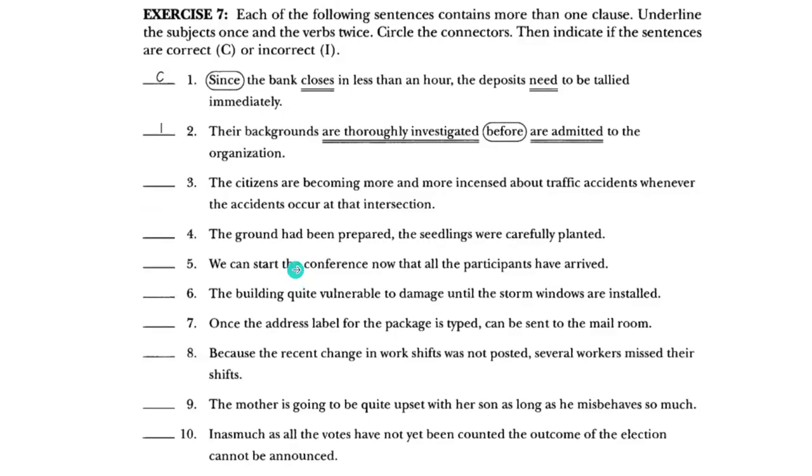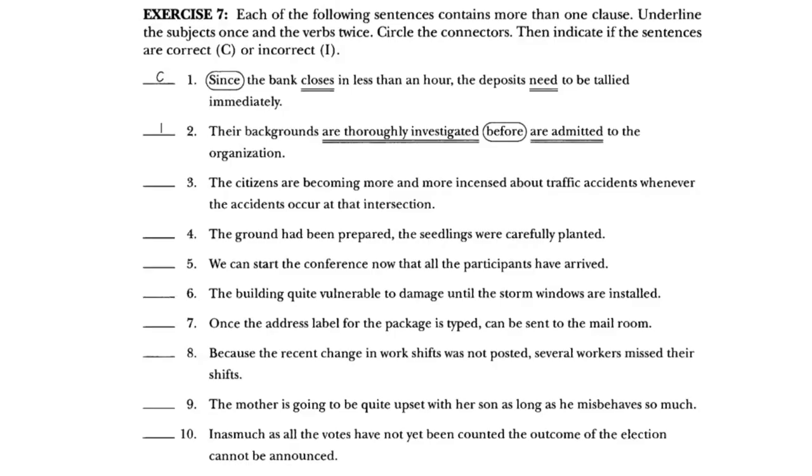Okay, so let's check the answers. We already reviewed 1 and 2. Let's go straight to number 3. Number 3 is correct. Number 4, incorrect. It is missing a connector, which could be "after the ground had been prepared".